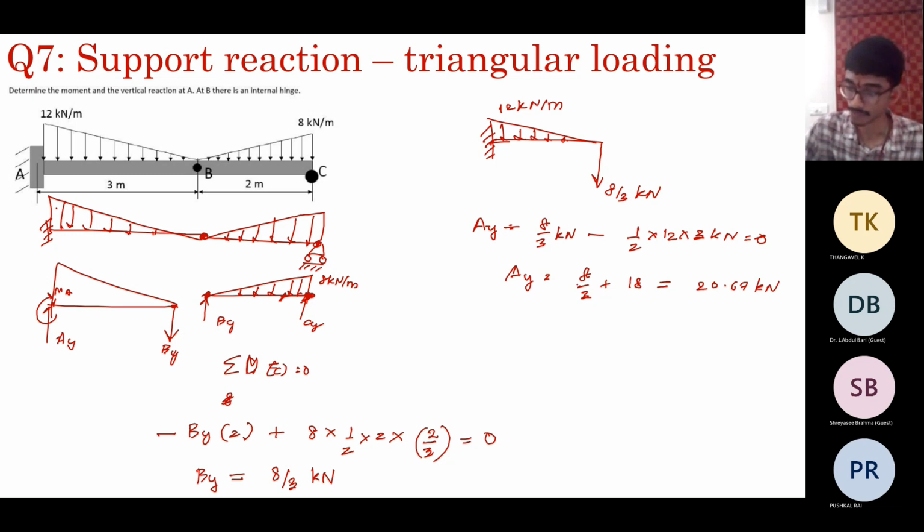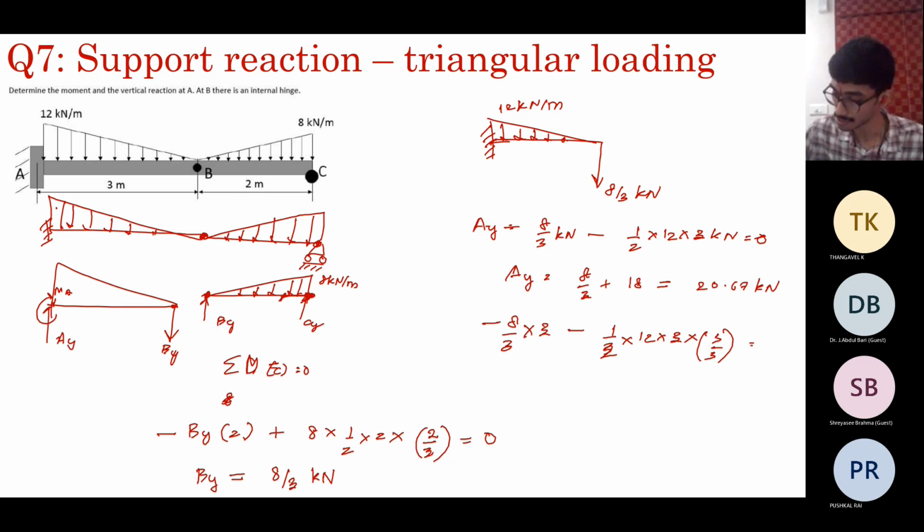20.67 kilonewtons. And just take moments about the point. So we will get minus 8/3 into 3 minus half into 12 into 3 into, where does it act? 1/3. So it is into 3/3. Which is nothing but 18 and this is 8. So it is minus 20 kilonewton meter.